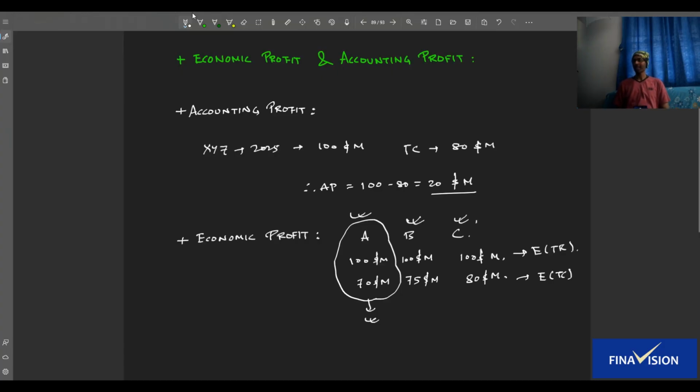Now, the next best profitability. Which one has the next best profitability? The next best profitability is obviously business B. This is 25 million, right? This is the projected profit.